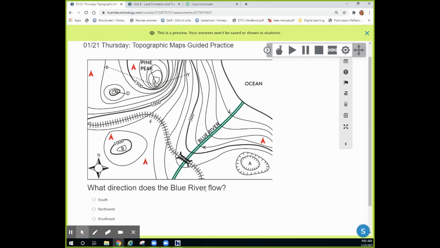What direction does the Blue River flow? So again, you can use the elevation to know that it's flowing toward the ocean from a higher elevation to a lower, because this is an elevation of 600 meters, and the next one is 500, and then 400, 300, 200, 100, and then we have sea level.